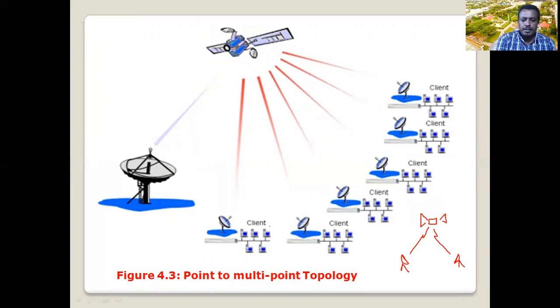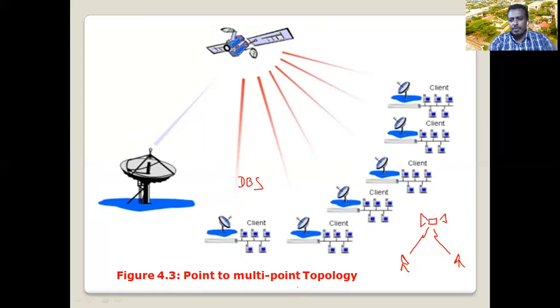But here, point to multi-point, like direct broadcast satellite TV, is a point to multi-point broadcasting topology. If you need a high capacity link, it will be point to point, one dedicated link for two terminals.